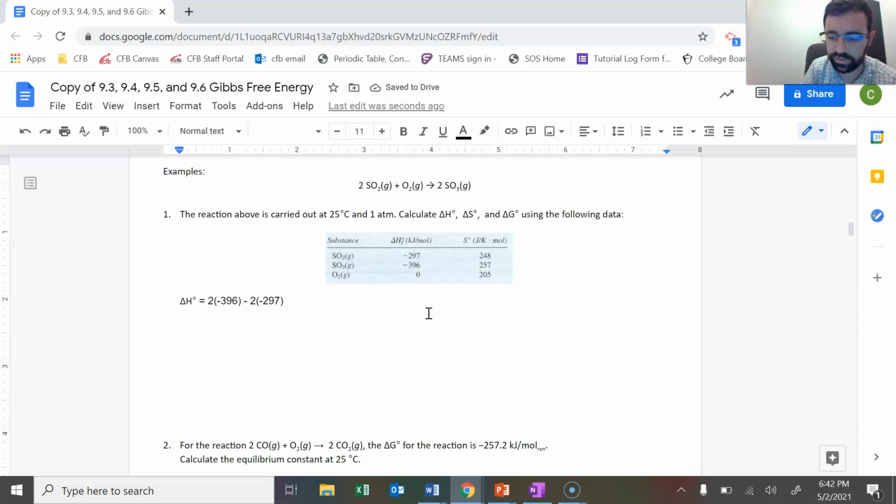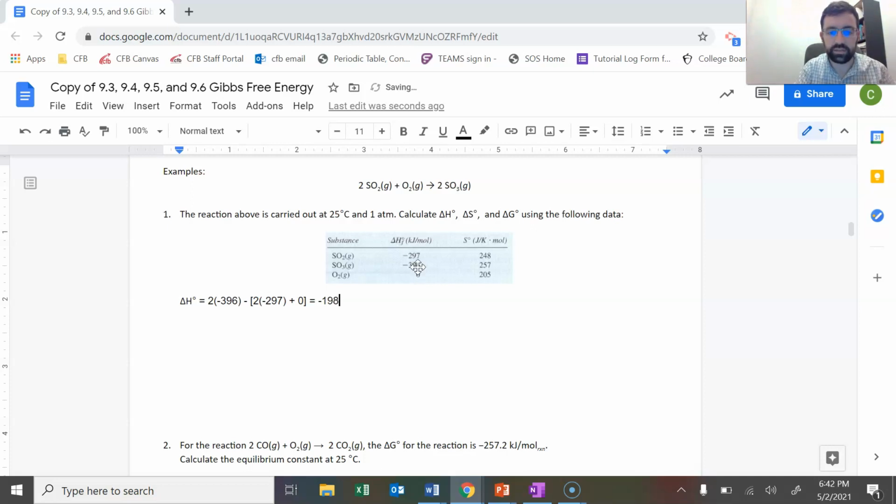And just to be really thorough here, I'm going to go ahead and show why my oxygen is not a factor. I need to just add in the 0, which we know is not going to change our value there. When you plug that in your calculator, 2 times negative 396 minus 2 times negative 297, I end up with negative 198.